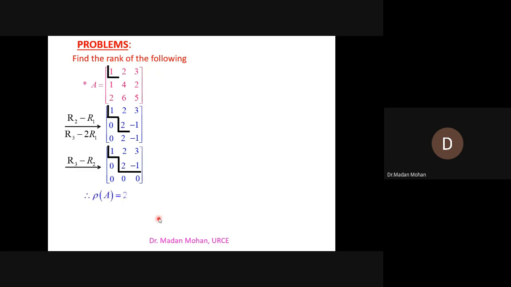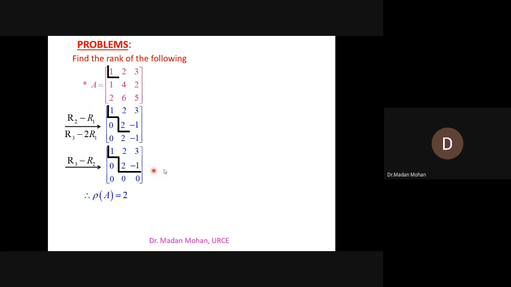The reason, let me explain. These are not equal, but these two are equivalent: this A and this one, the first and third matrices here. Equivalent means one matrix, you can call it B, is obtained from A by a sequence of transformations, maybe row or column.